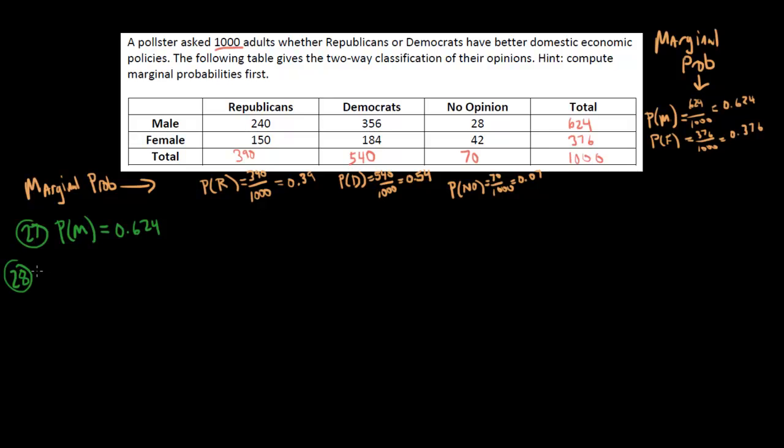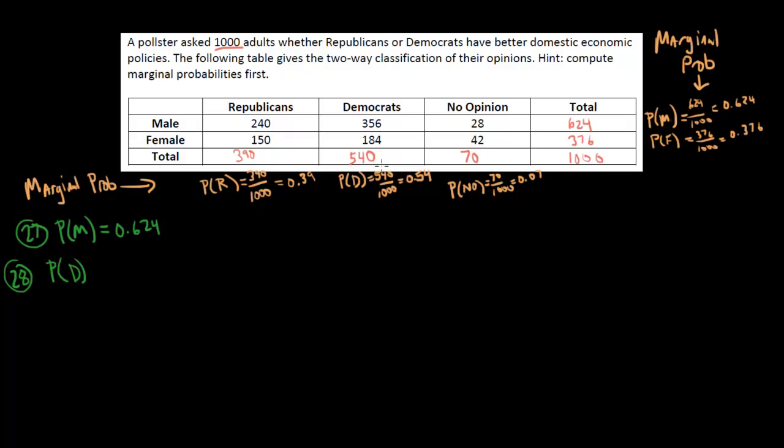All right, number 28 says the probability that a randomly selected adult says that Democrats have better domestic economic policies. So again, this is just asking us for a marginal probability. The probability of selecting somebody at random out of this group, and they're a Democrat.